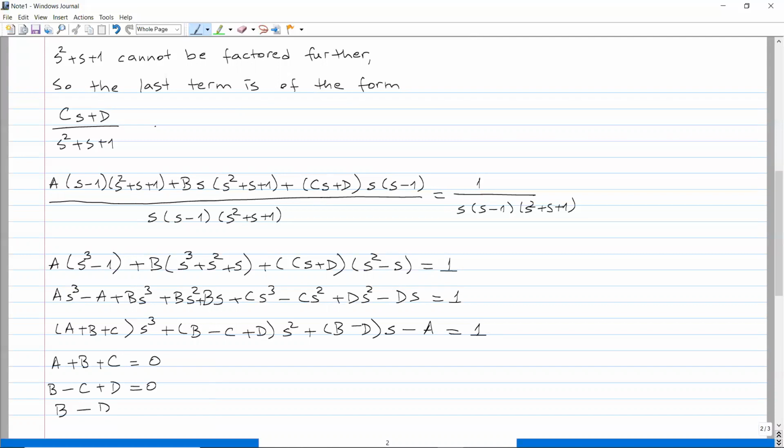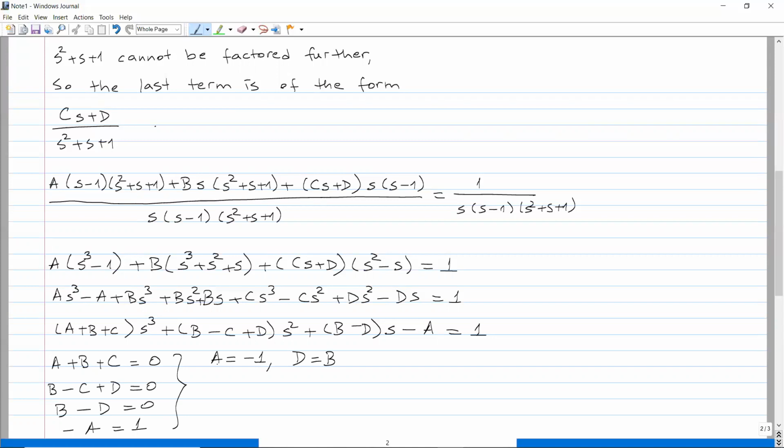B minus d is 0, and minus a is 1. So from these 4 equations, we get a equals minus 1, and from the third equation, d equals b. So we use them in the first 2 equations.